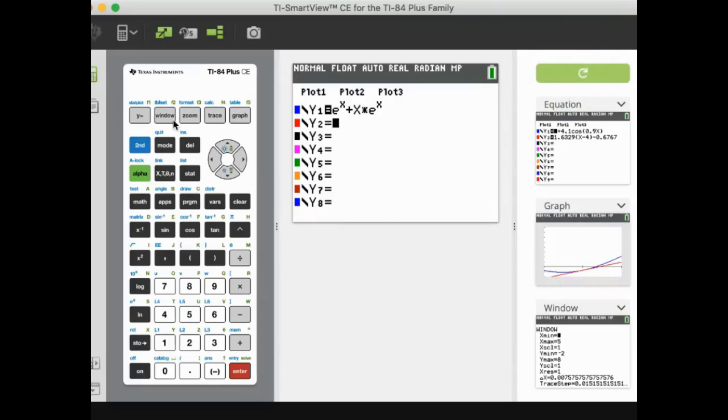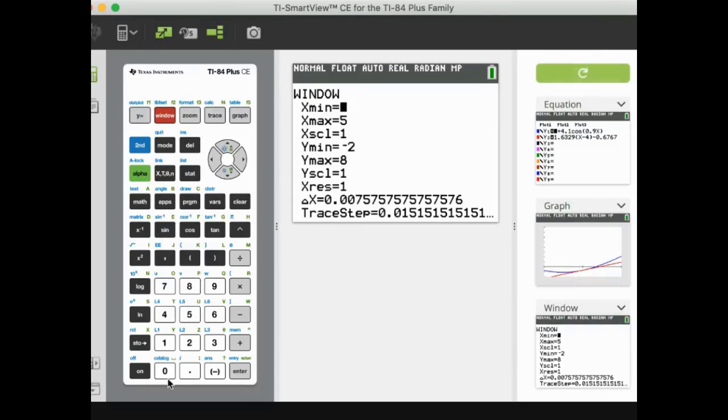And our window, I'm going to just tell you right now, is going to go from negative 0.1, a little bit less than 0, to 3.1, a little bit more than 3. My y value is going to go from negative 0.1, and it's going to be rather large. I would imagine it's maybe less than 20 or something like that.